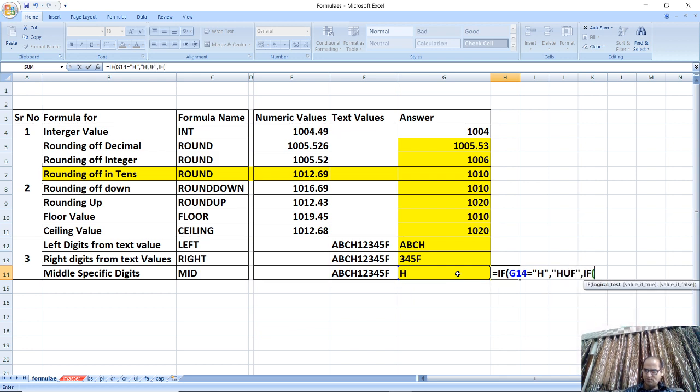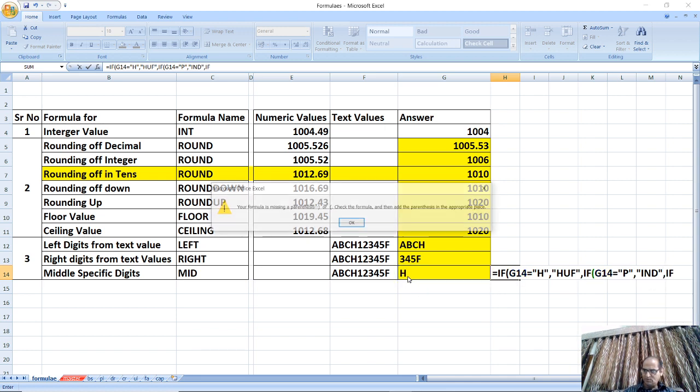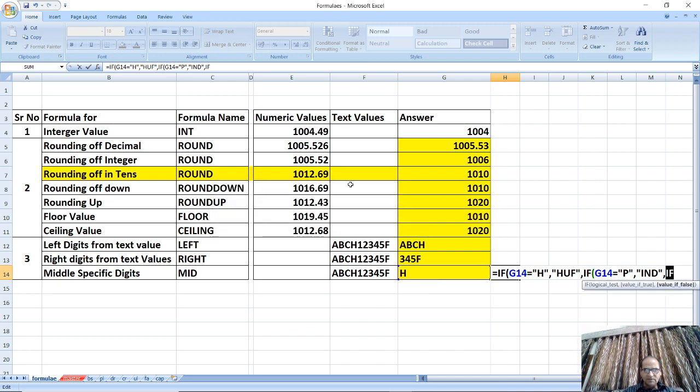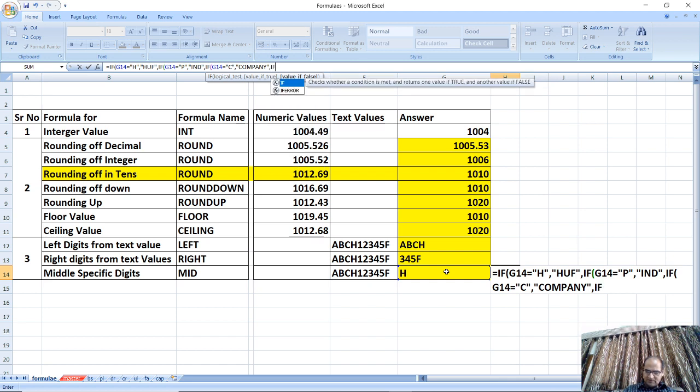If the value of this 4th character is B, then it's individual, comma, if this 4th character is C, then it's company, and if at all the value of this cell is equal to F, then it's a partnership firm.